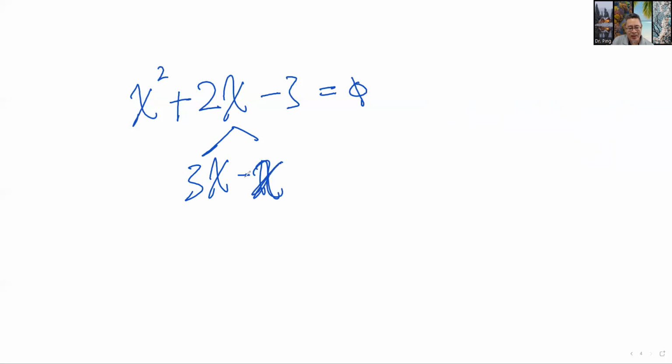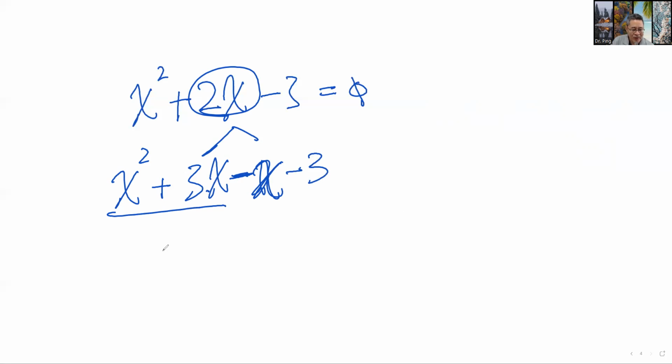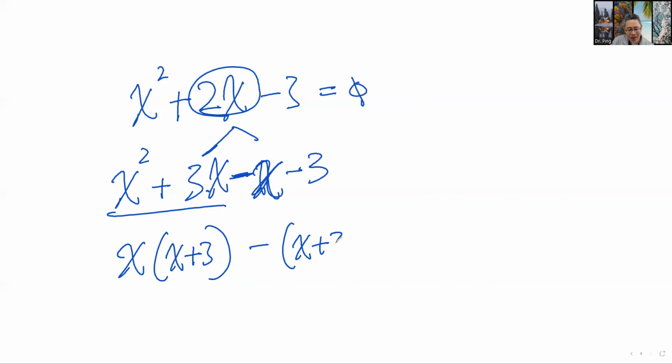We know 3x minus x is 2x, right? And now we can see that there is a 3 here, and here we also have 3 there. So now we move this out, it is x plus 3 on this side, and minus x plus 3. Now we see that this becomes the common factor, right?